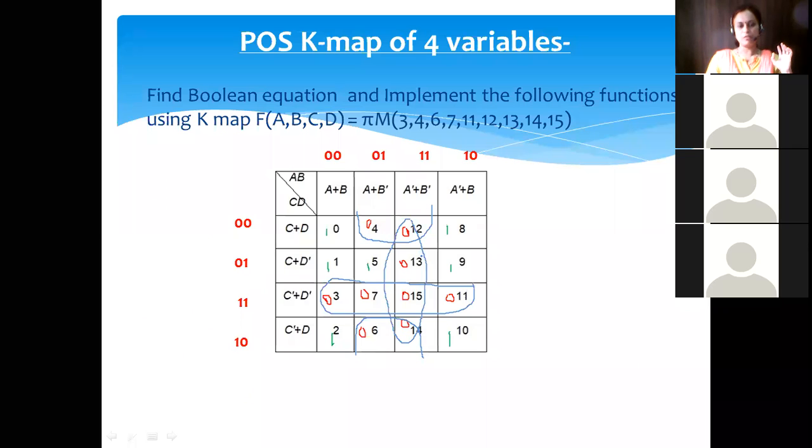Now tell me what will be the equations for each of these. A complement plus B complement is the equation for this quad. Then this one: C complement plus D complement will be the other equation. And for the rolling quad: B complement plus D, since B complement is common and D is common.